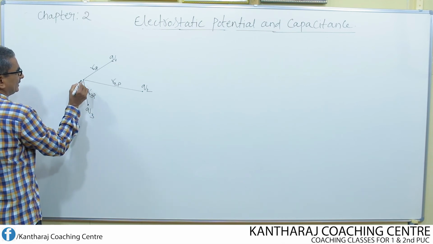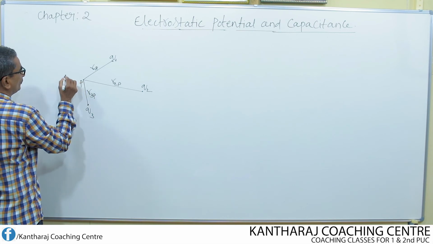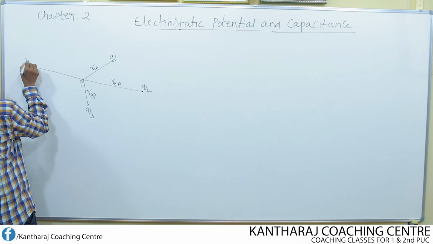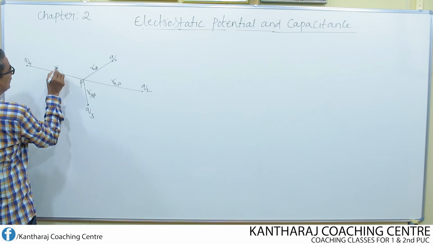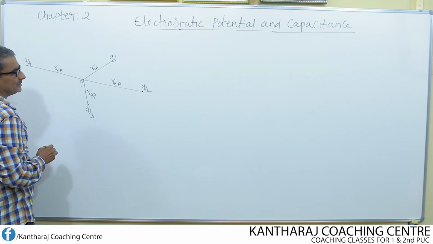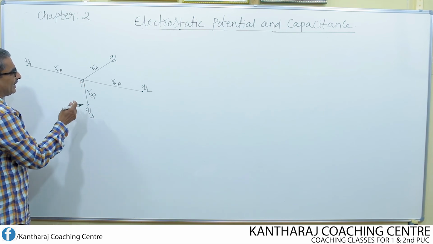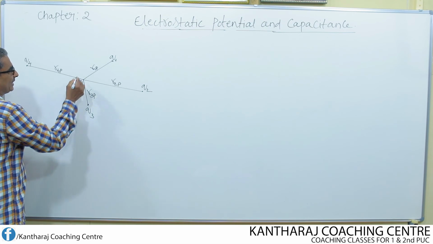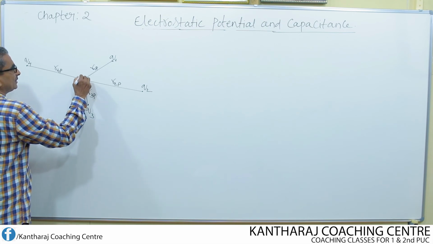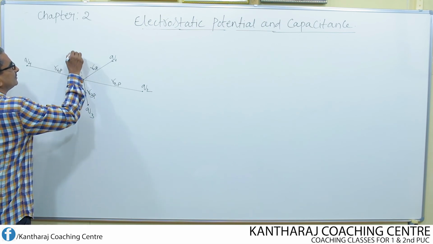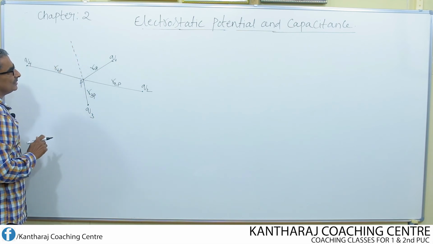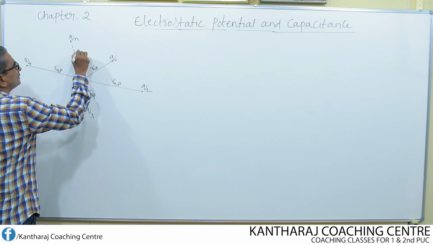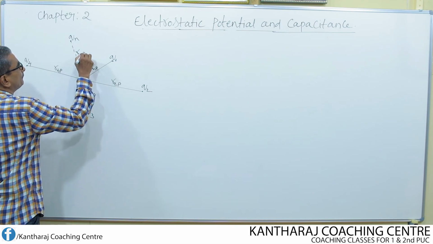Then one more charge Q4 at a distance R4P. Like this I can consider n number of charges. Say, I consider the nth charge to be somewhere here. This is charge Qn kept at this point, at a distance RnP.